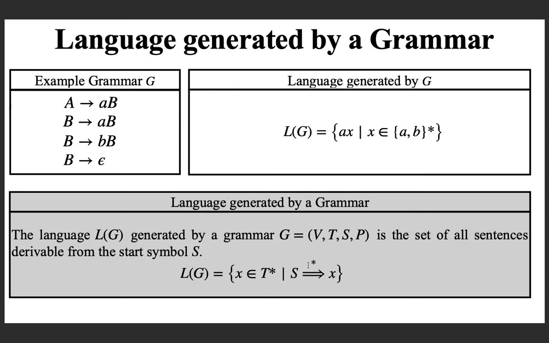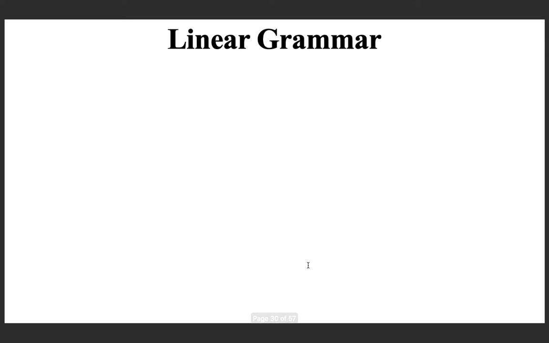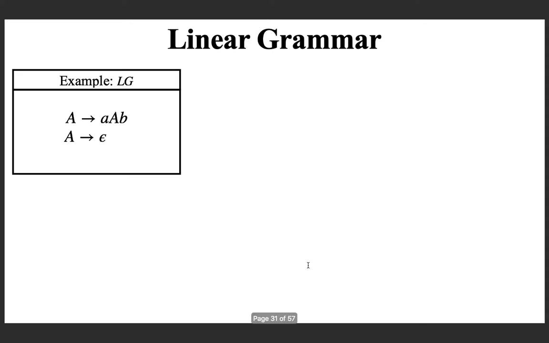With this, now proceed and see what is a linear grammar. So today we have defined what a grammar is. Now we are going to see what kind of a grammar is called linear. Look at an example.